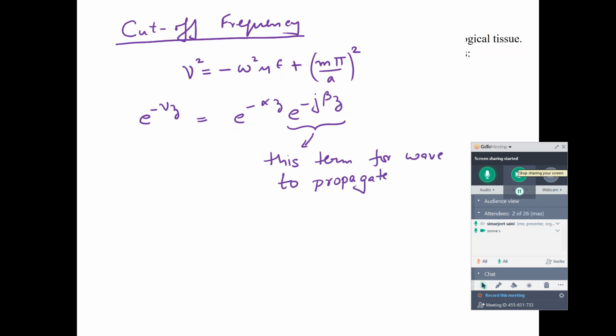If this e^(-j beta z) term is not there, I am in trouble, which tells me that my gamma square term has to be a negative term.